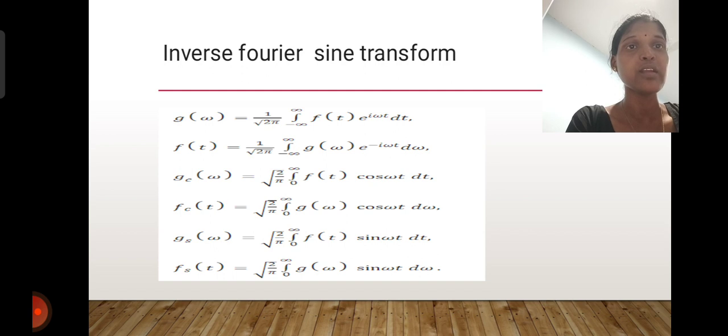Inverse Fourier sine transformation formulas: g of w is equal to 1 by root 2 pi.